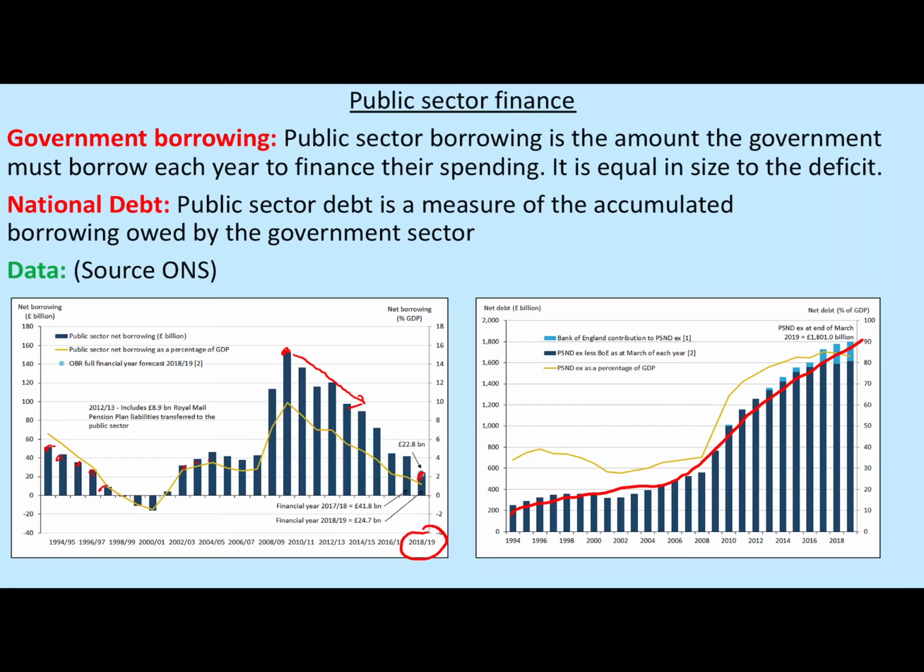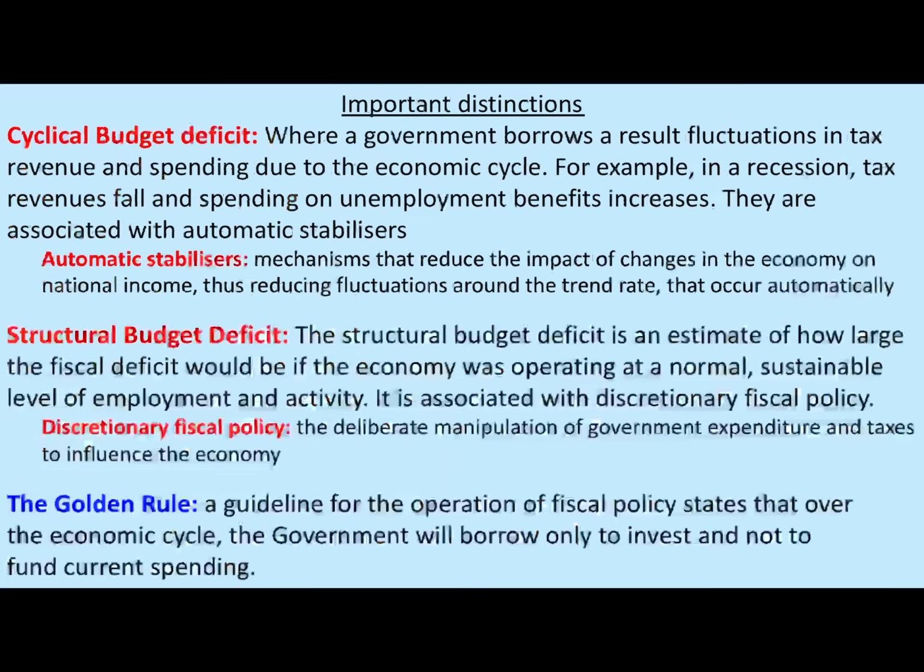However, what's also important to note, and we'll talk about this later, is this yellow line shows the national debt as a percentage of GDP, and generally it's considered that our debt isn't problematic if our national debt as a proportion of GDP is going down, because that means we're getting into a position where we are better able to pay off our national debt. And we'll talk about that later on in this video.